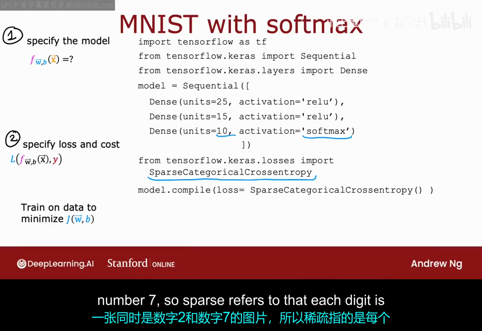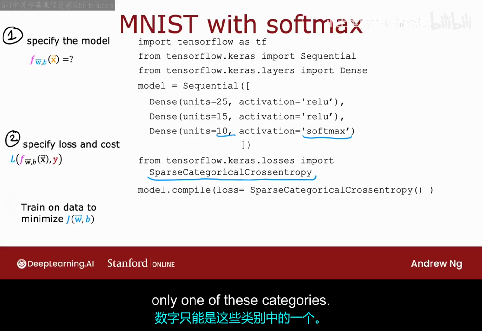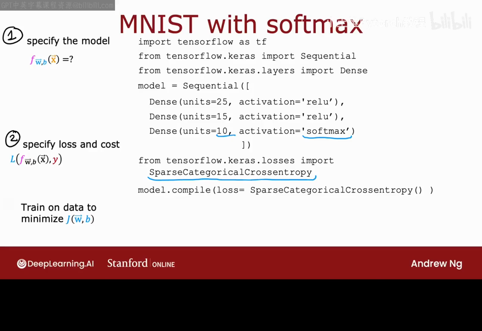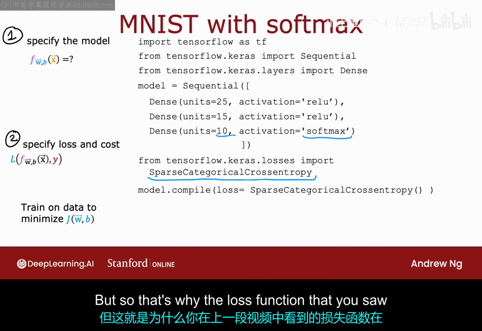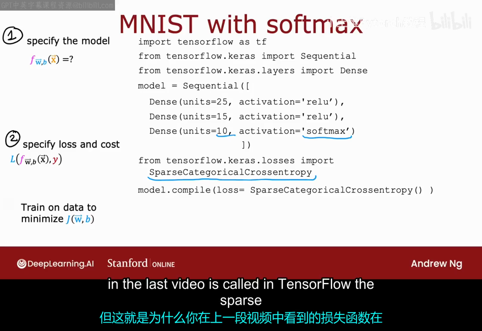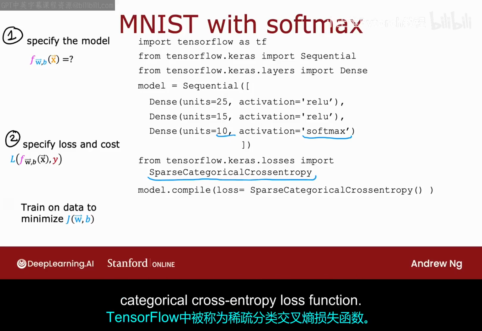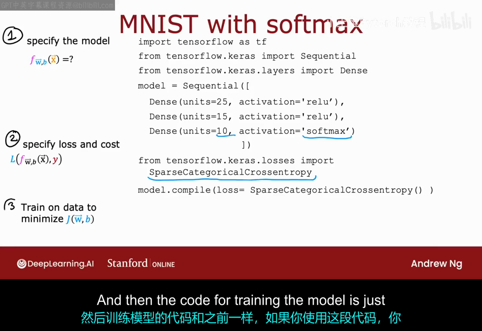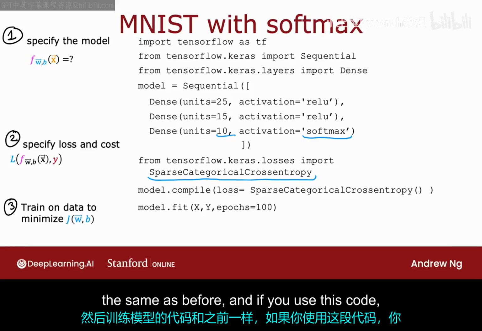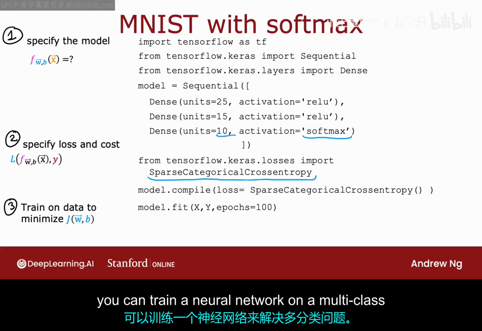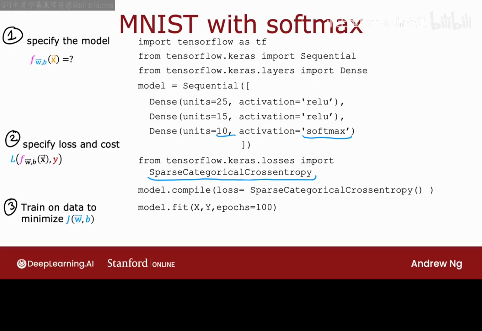So sparse refers to that each digit is only one of these categories. But so that's why the loss function that you saw in the last video is called in TensorFlow the sparse categorical cross-entropy loss function. And then the code for training the model is just the same as before. And if you use this code, you can train a neural network on a multi-class classification problem.